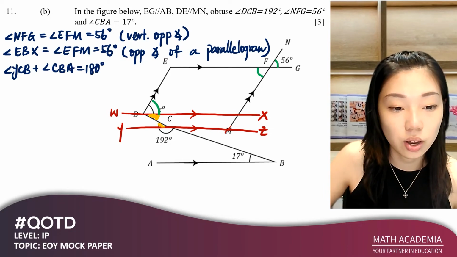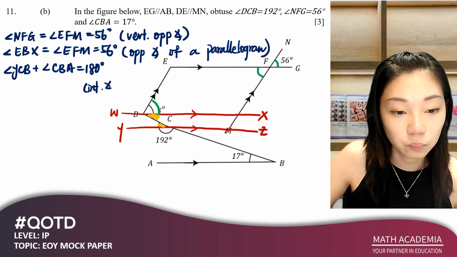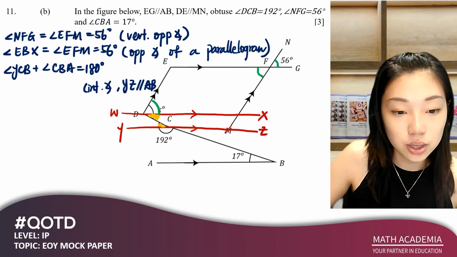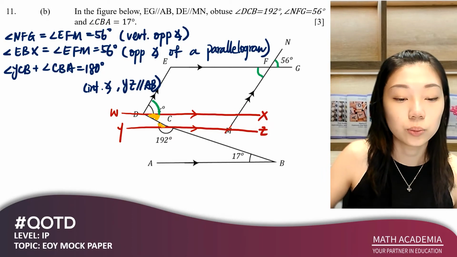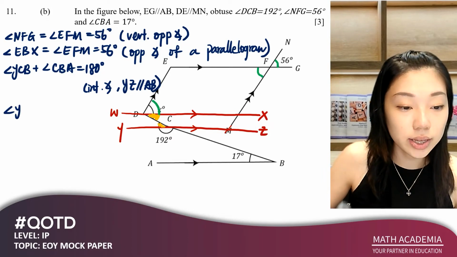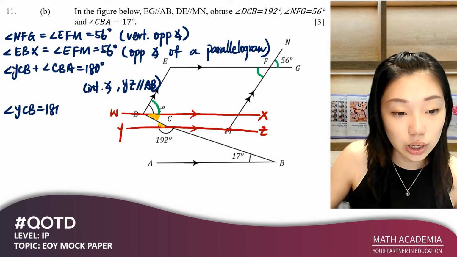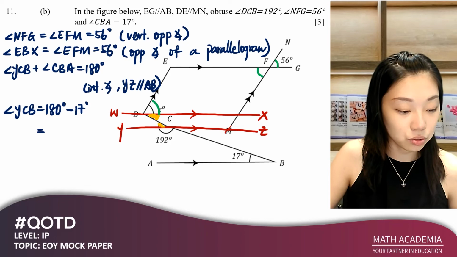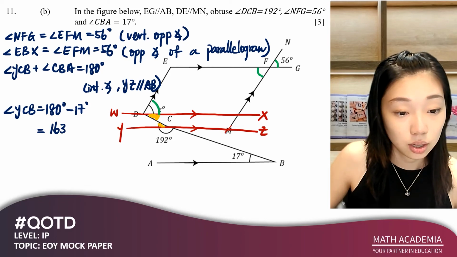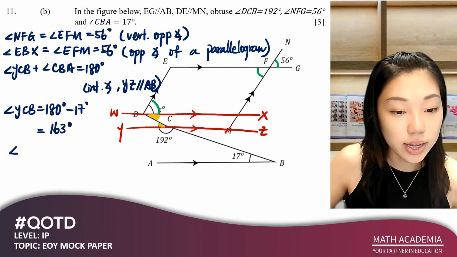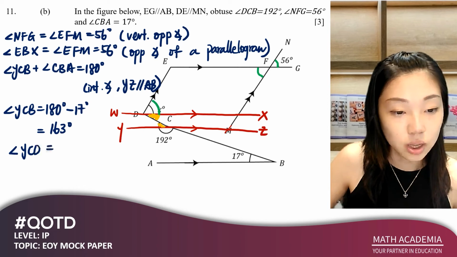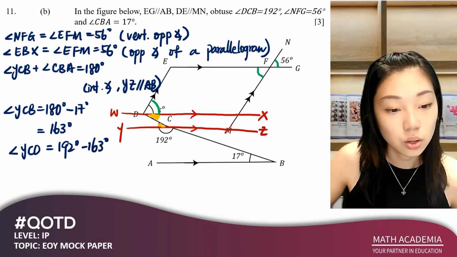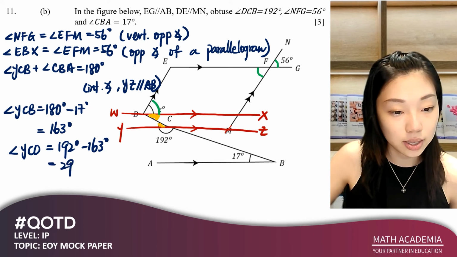Why is this so? Because they are interior angles, where YZ is parallel to AB. So angle YCB would equal 180 minus 17, which gives me 163. Angle YCD would equal 192 minus 163, which equals 29 degrees.